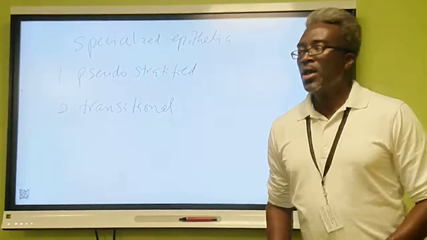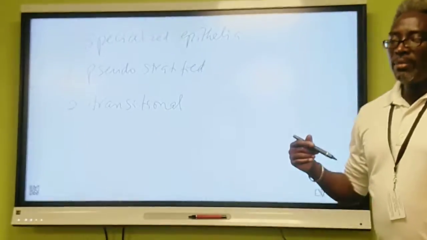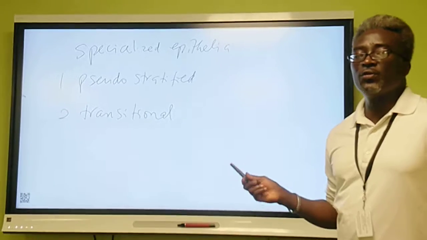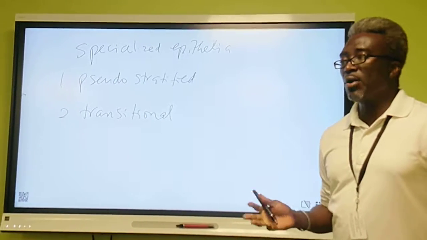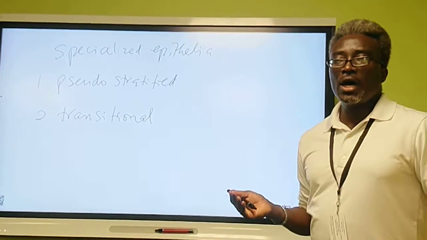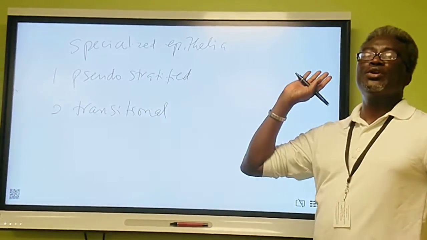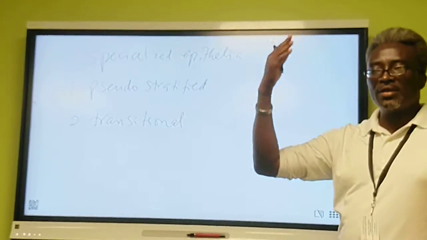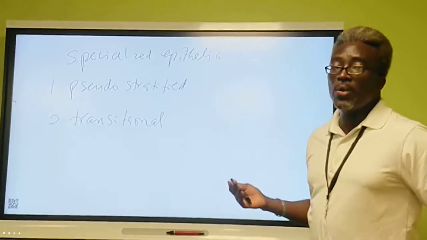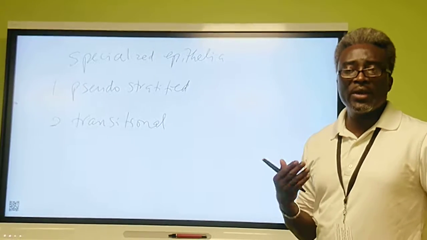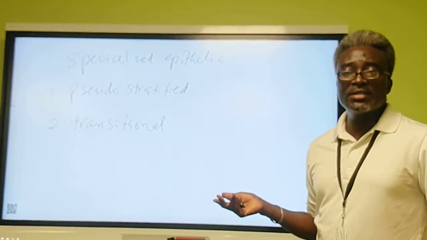Now, as a brief anatomical description, pseudostratified is present in the trachea and the bronchus. Its job is to produce a lot of mucus and the cilia to push the mucus back up to the top of the throat, which is the reason why we do something like this, where we have something in our throat and we have to swallow it into our esophagus.